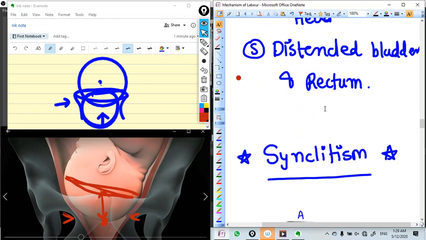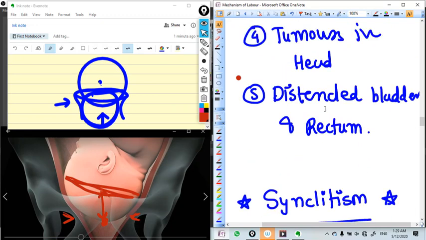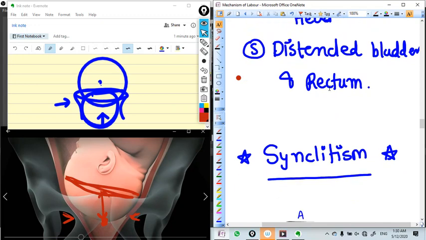Tumors in the head, or if the rectum and bladder are very full. Also, when the engagement is not happening, what we advise the patient is that they should frequently empty their bladder and empty their rectum also. That increases the chances of engagement, and engagement happens very easily if they continue to do this. Okay.